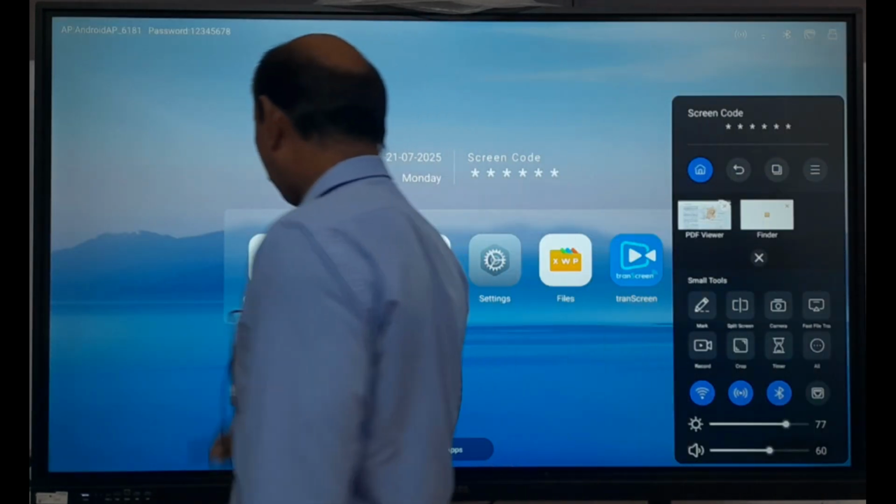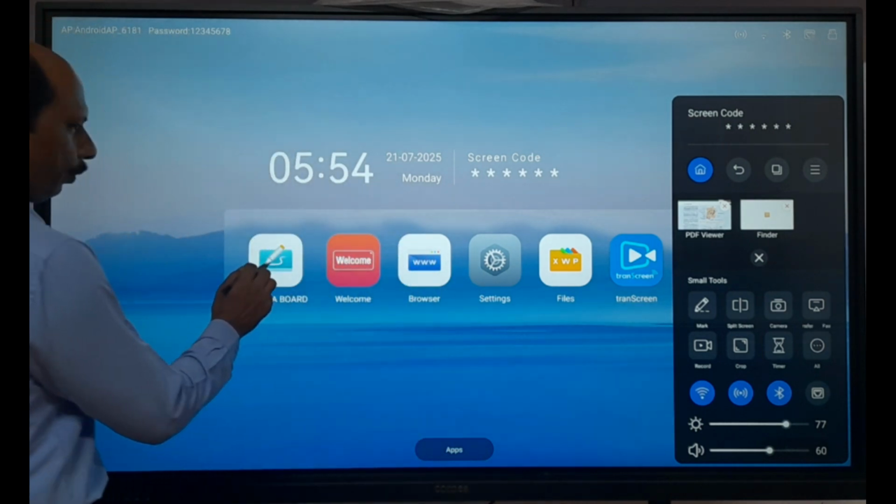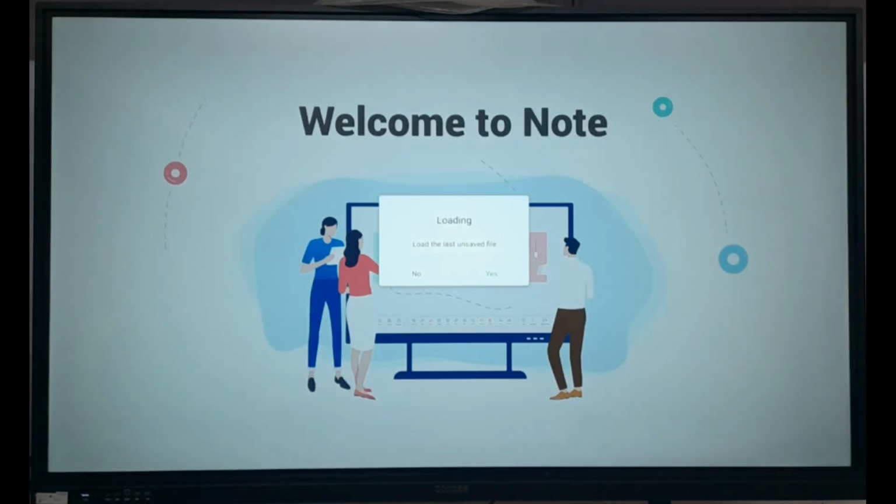Some specific points we have to read here.